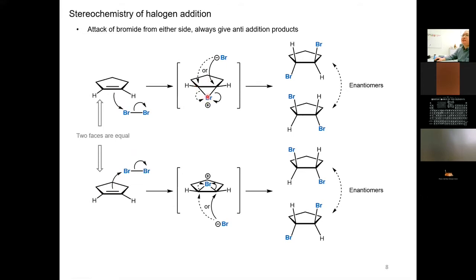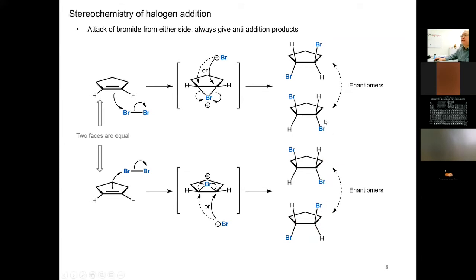So if the bromonium is generated at the bottom, the bromide anion attacks from the top. So you get a trans product, with the enantiomers to each other. So if the initial bromine addition happened at the top face, and the bottom face attack of the bromide anion also gives a pair of enantiomers, also trans.